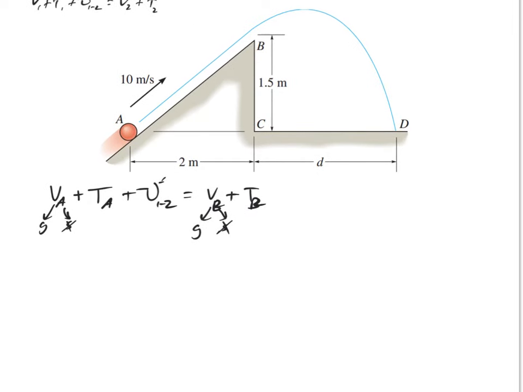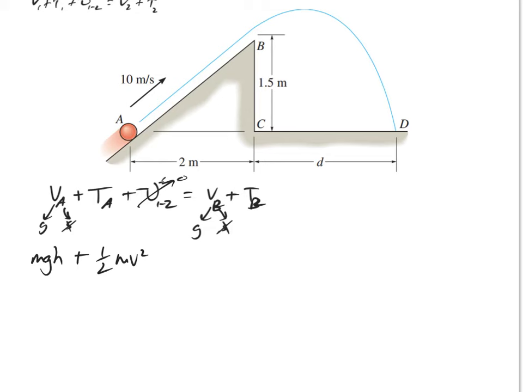So, potential energy due to gravity is mgh, 1/2 mv squared. I don't have any external forces which do work. The only other force I can think of here would be the normal force, but that normal force doesn't do any work because the displacement is always perpendicular to the normal force.